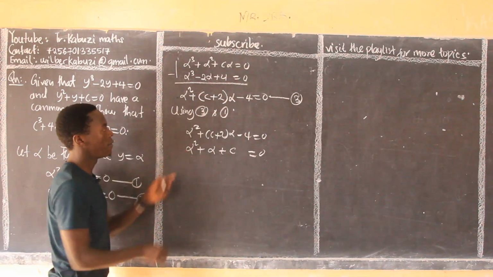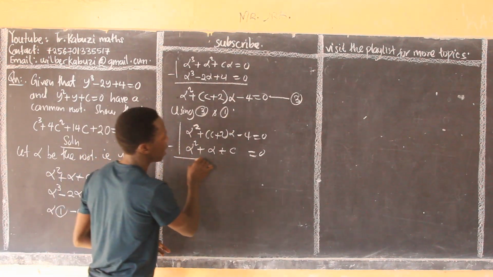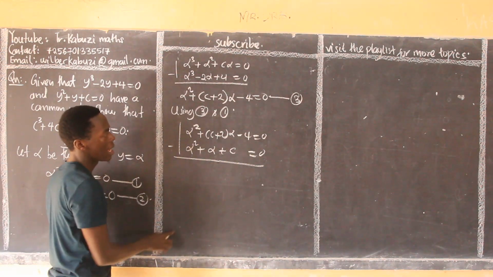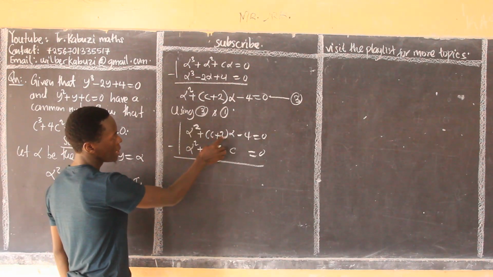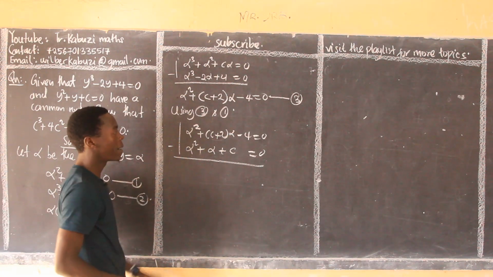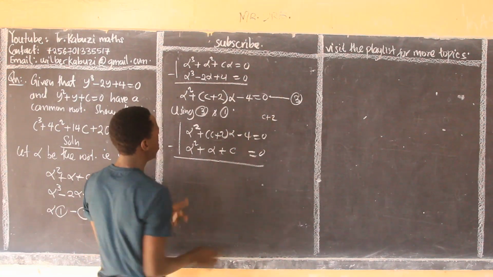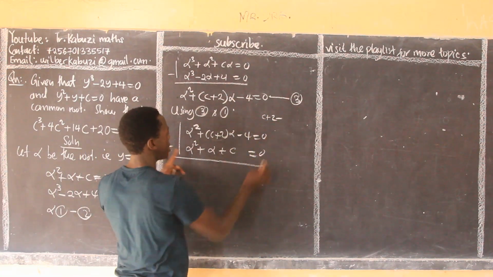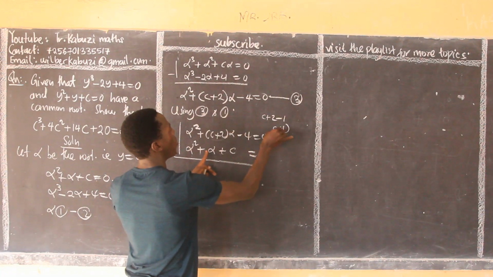So these two, the coefficients are the same already. So I'm just going to eliminate alpha squared. When I eliminate, these two are going to go. Then c plus 2. Remember the coefficient of this is this. The coefficient of this is 1. So now I'm getting c plus 2 minus 1, which will give me c plus 1.